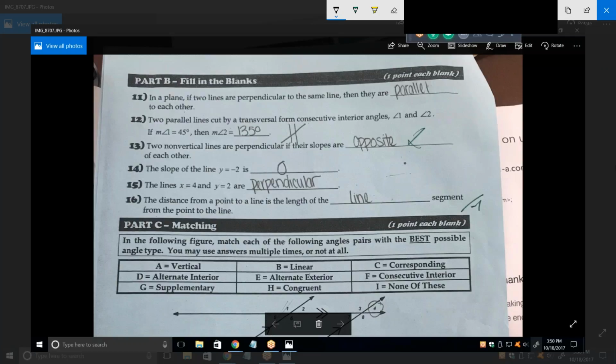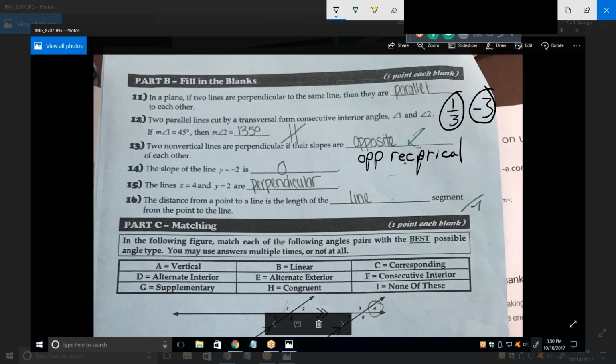It's if the two slopes are the opposite reciprocal. In other words, if one slope is 1/3, the other slope needs to be -3. Okay. These two slopes are perpendicular to one another.